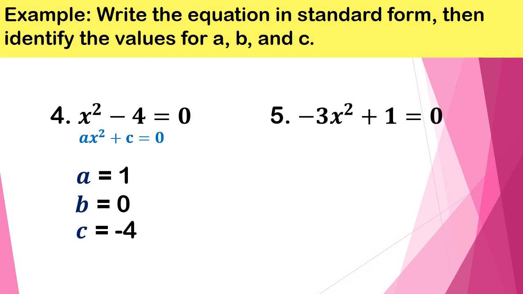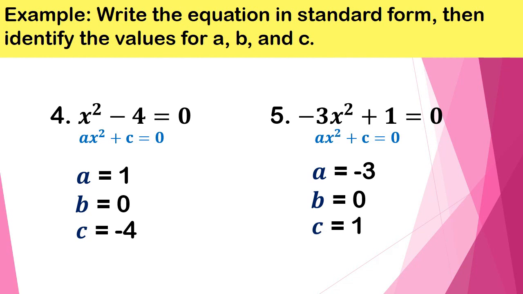Another example, number 5. 3x squared plus 1 equals 0. So it is in a standard form, ax squared plus c equals 0. And for the values of a, b, and c, a is equal to negative 3 since negative 3 is the coefficient of x squared. b is equal to 0 and c is equal to 1.